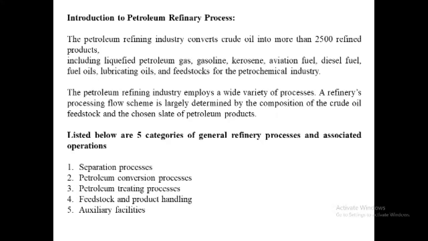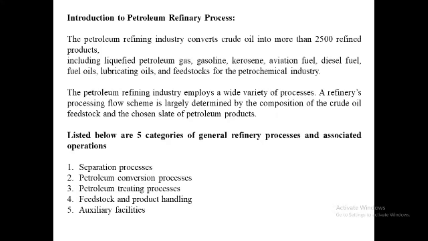Petroleum refinery processes having direct emission sources are presented in the figure in bold line boxes. Some of the listed categories of general refinery processes and associated operations are as follows. First, separation processes. These basically involve atmospheric distillation, then vacuum distillation, also light end recovery, that is gas processing.